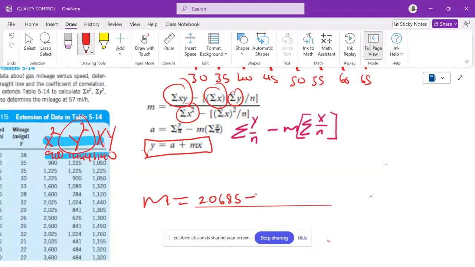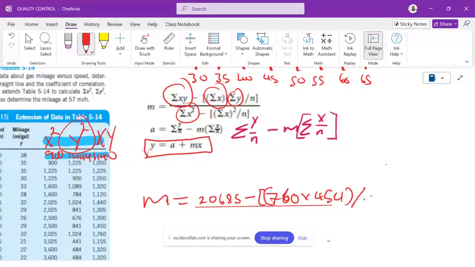Then minus open bracket, the 760 that we found there, multiplied by the 454 that we found. I hope you still remember that. And then everything else must be in brackets. You can just put brackets here, and then you say over.